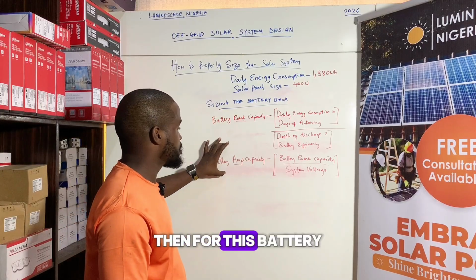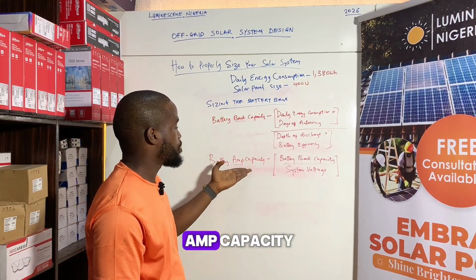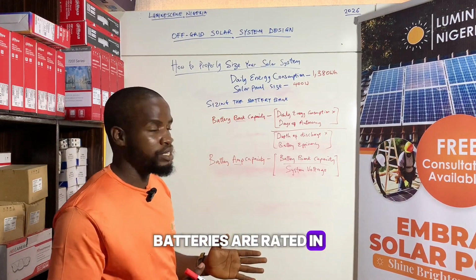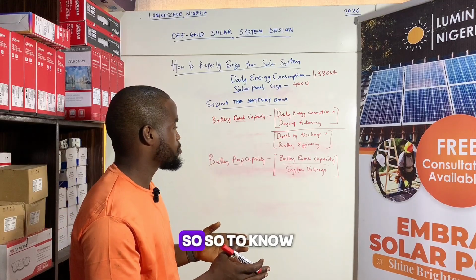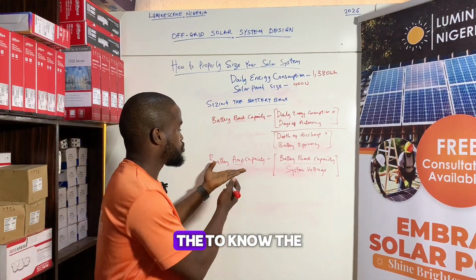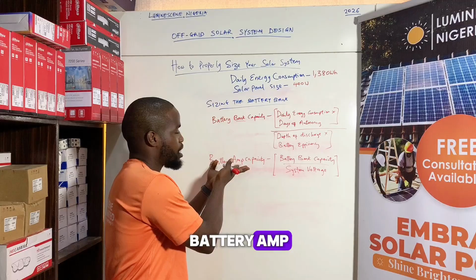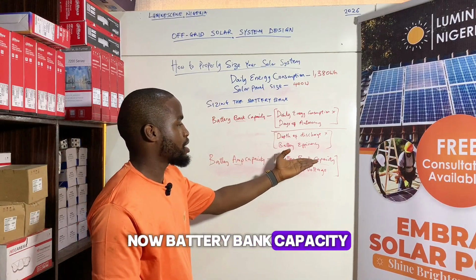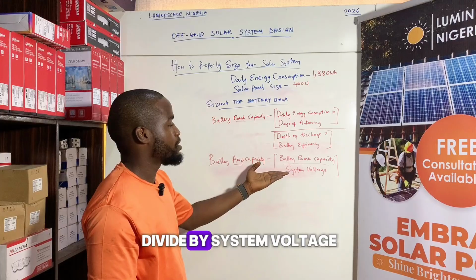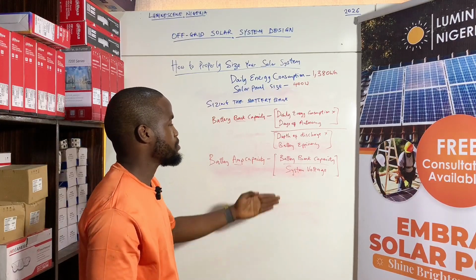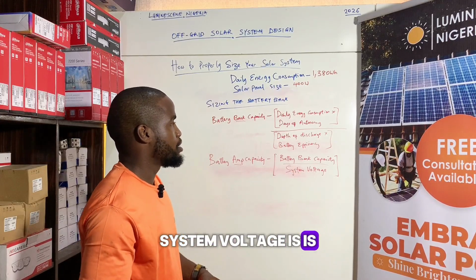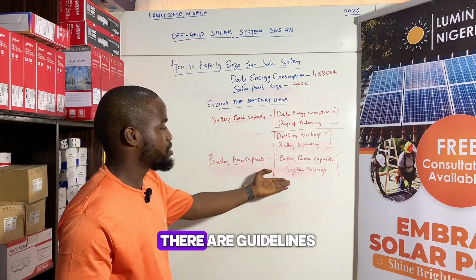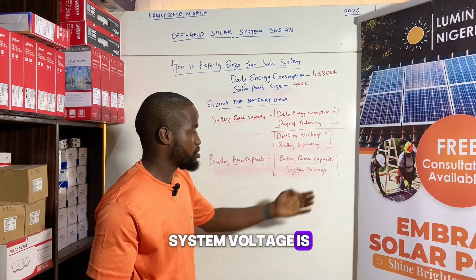Then for the battery amp capacity, batteries are rated in voltage and amps. To know the battery amp, this is the formula: battery bank capacity divided by system voltage. There are guidelines to know what system voltage is.